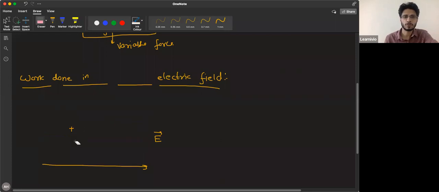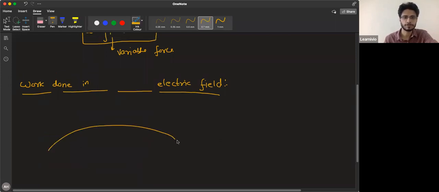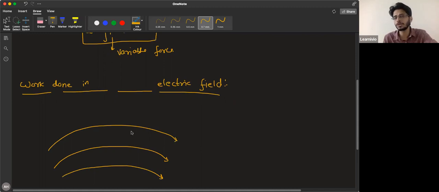Let's take some non-uniform field. Curved lines mean the field is non-uniform. The magnitude as well as the direction of the field can vary. So I take 2 points in this electric field. This is point A, and this is another point B.